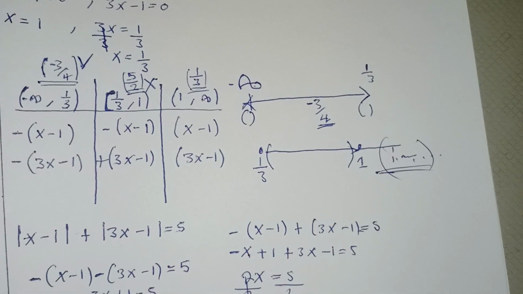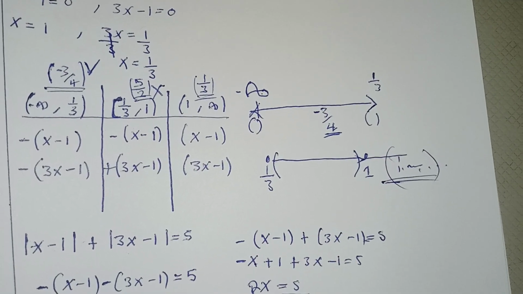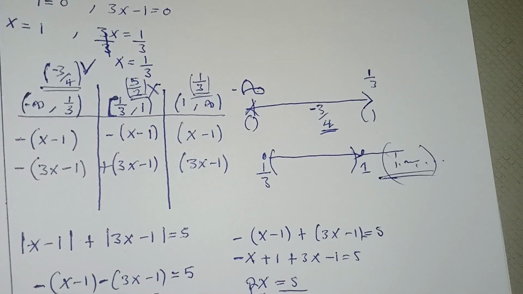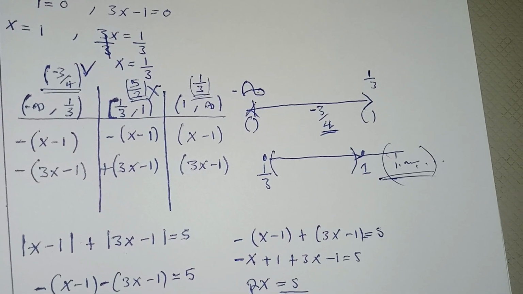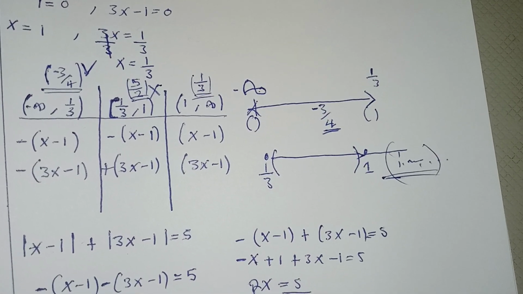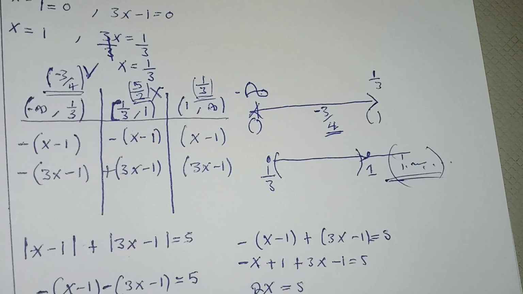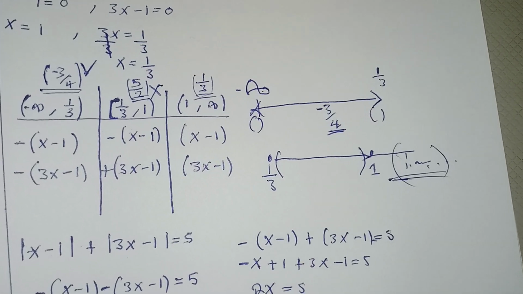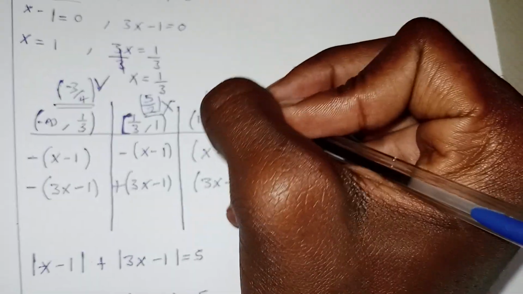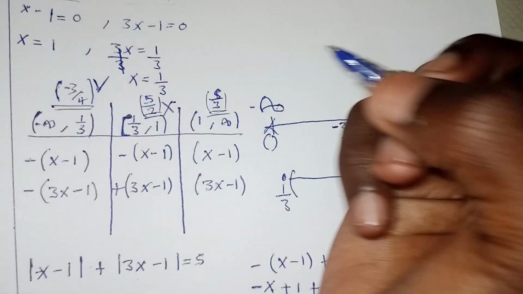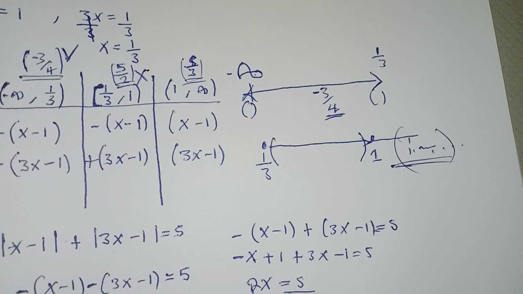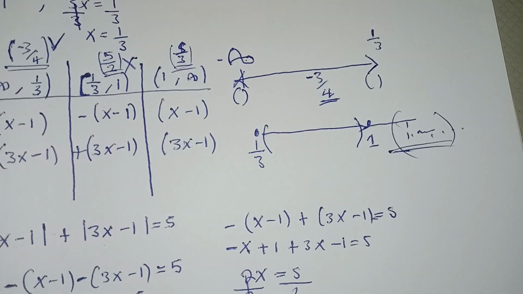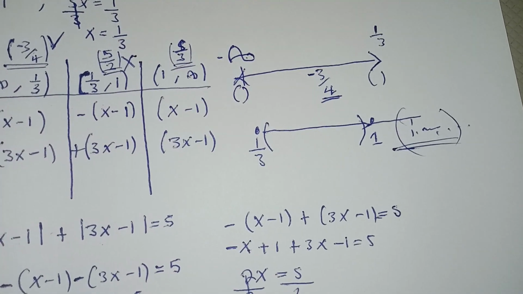If we have 1 to positive infinity, wait a minute. So here we had, is it 5? We had 5 over 3. Yes, 5 over 3, that's what we solved.